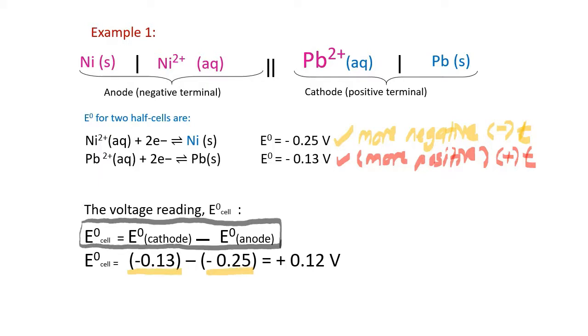So negative 0.13 will be added with 0.25. Therefore, we will get a positive 0.12 volt. So the potential difference of the cell when nickel and lead are paired together is 0.12 volt.